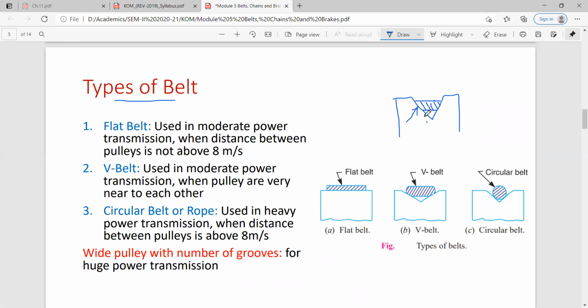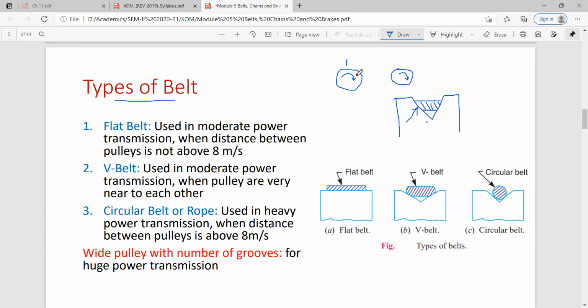If friction gets reduced, automatically your power will not be transmitted. Power will be available at your driving pulley, though it is rotating very fast, but because of the slip present between belt and pulley, your driven shaft will not get the complete motion.